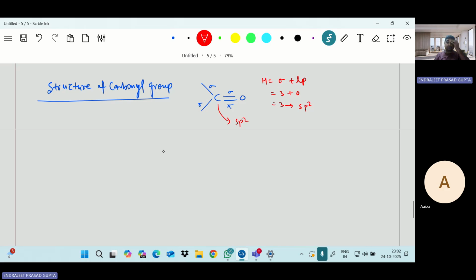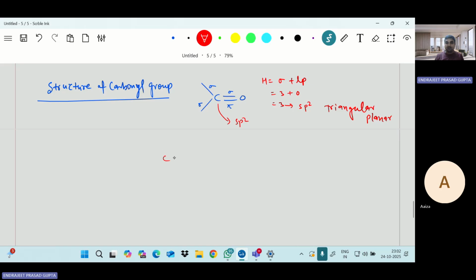In sp2 hybridization, the shape should be triangular planar. So you can draw the structure of this one.